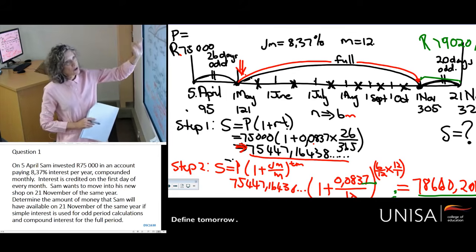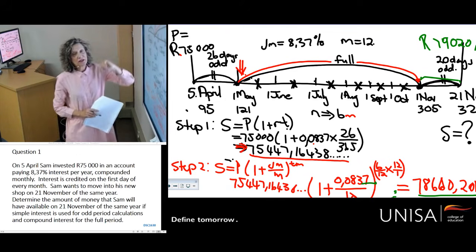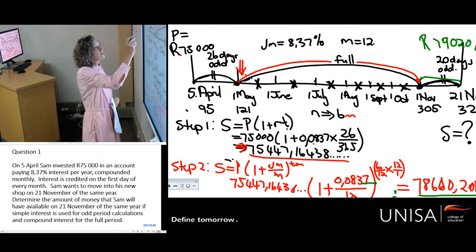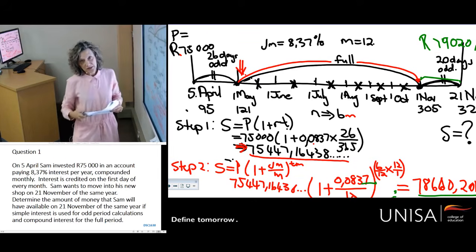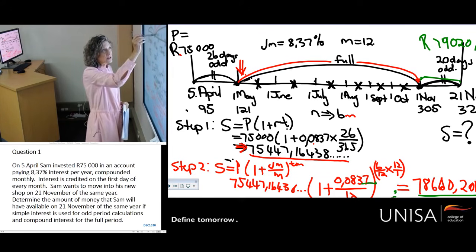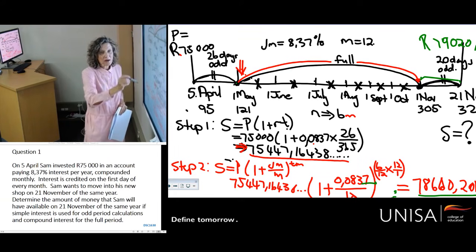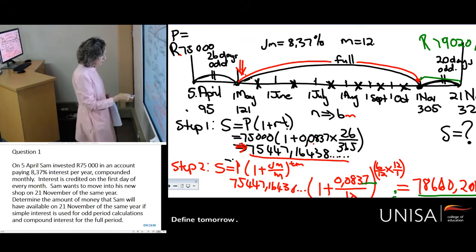Then you count the odd and the full periods, the number of days and the number of full compounding periods. And then you start your calculation. First use simple interest, then compound interest, and then simple interest again, right? And remember, the answer that you're getting from the one becomes the next one's present value in the next calculation step.